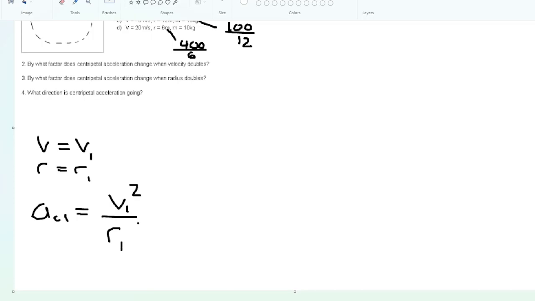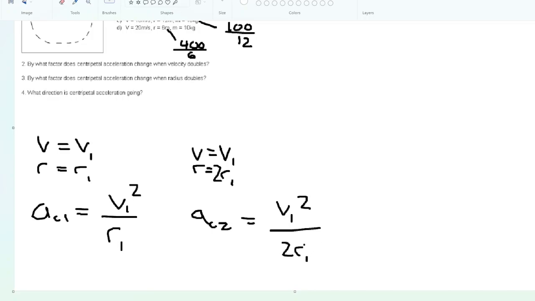And AC2 is when velocity is equal to V1, and radius is 2 times our first radius, so 2 times R1. And that's going to be equal to velocity 1 squared divided by 2R1.